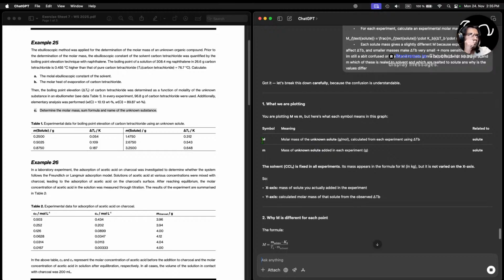Molar mass, M is the molar mass of the unknown solute that we're finding using, okay? Mass of the unknown solute added in each experiment.